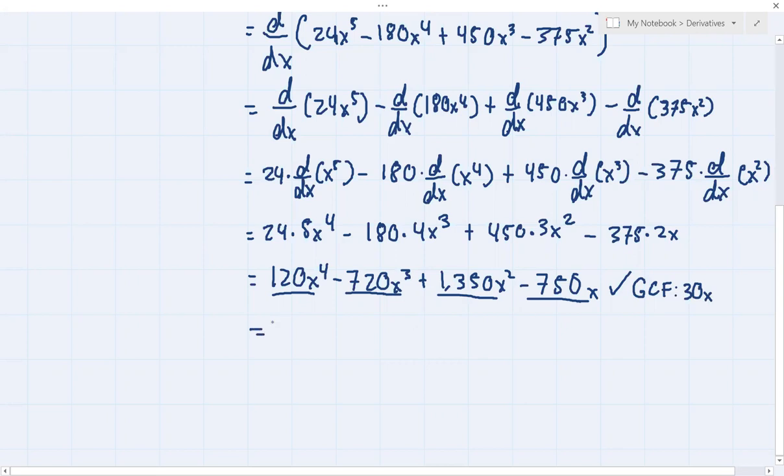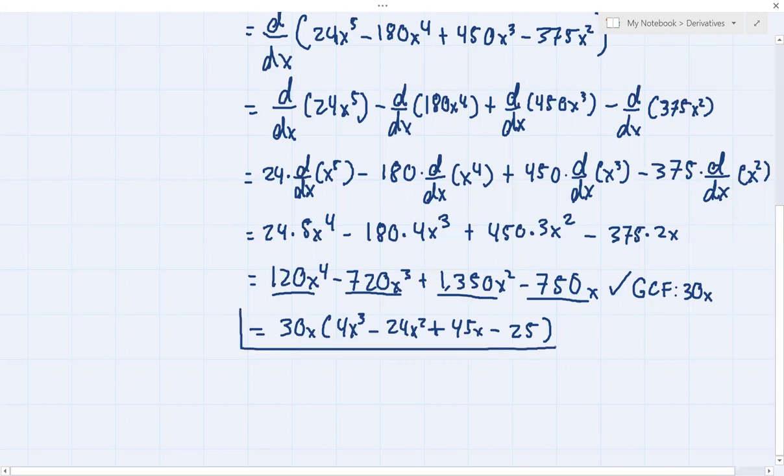So, we can factor out 30x here. What will happen is we will have 30x times 4x cubed minus 24x squared plus 45x minus 25. That's it. Okay? That's your final answer.